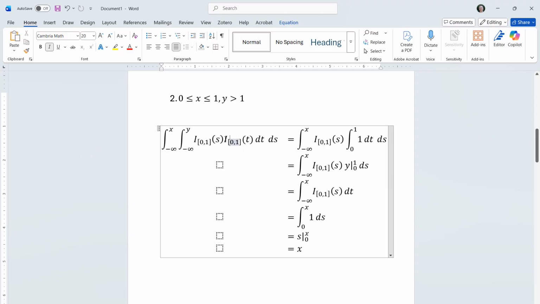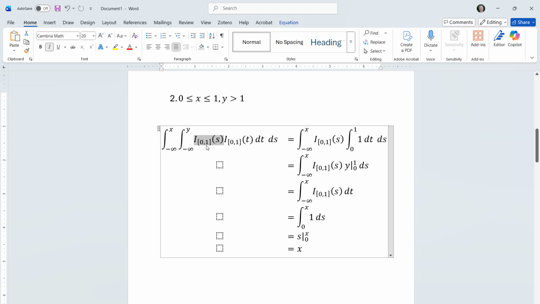However, because we know that y is greater than 1, and the indicator function will be 0 anytime t is not between 0 and 1, our inner integral, instead of running from -infinity up to y, can simplify to the integral from 0 up to 1 of 1, because we factored out the other indicator function of the inner integral, because it does not depend on t.